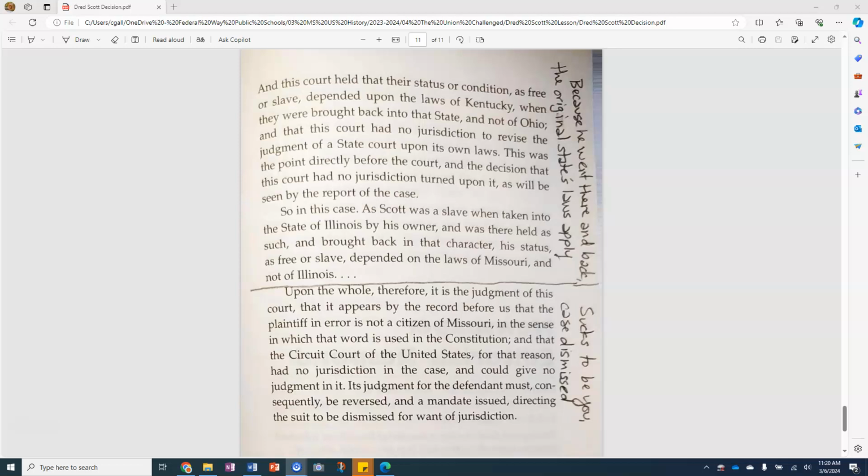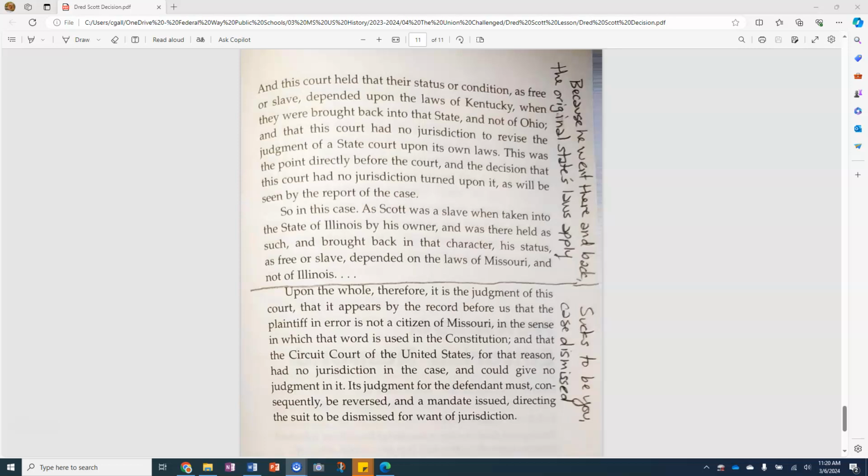Okay, so now what he's saying, right? So he's continuing his summary in that first little bit. Okay, he says, but we have to rely on the laws of Kentucky, not of Ohio. Helps if you know a little bit about your geography and you know Kentucky and Ohio are right next to each other. They're just across the Ohio River from each other. Right?